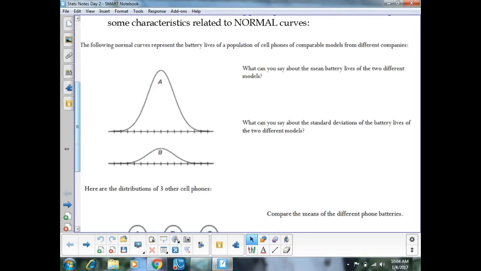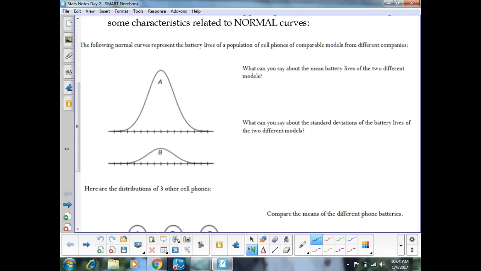This is the front side of yesterday's white sheet. The following normal curves represent battery lives of a population of cell phones of comparable models from different companies. What can we say about the mean battery lives between the 2 models?